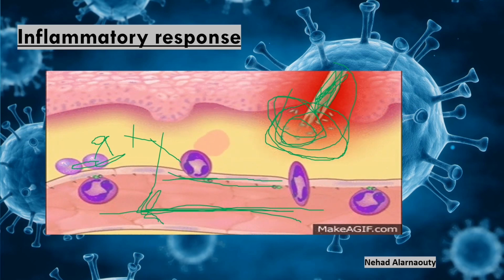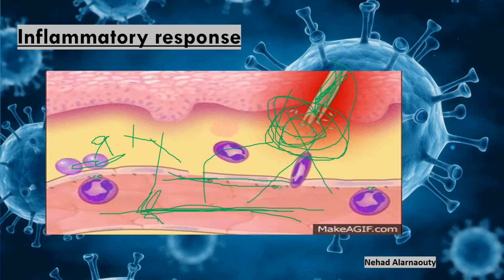The walls of those blood vessels stretch and allow the leukocytes, those white blood cells, the phagocytes, many different types of phagocytes, to go to the infected area and engulf the bacterial cells, the same process we described. So it will help in ending this infection or invasion.